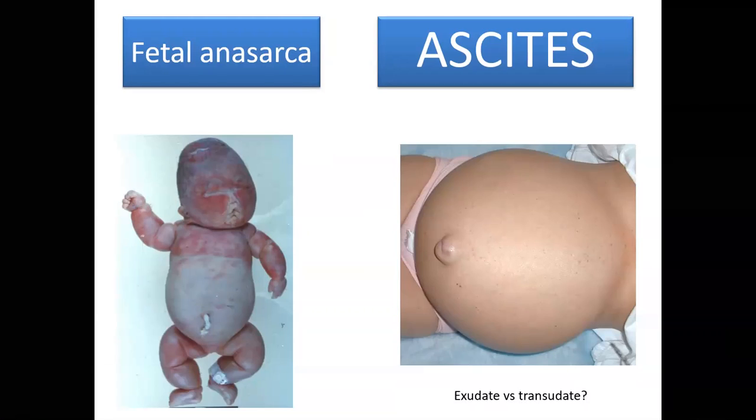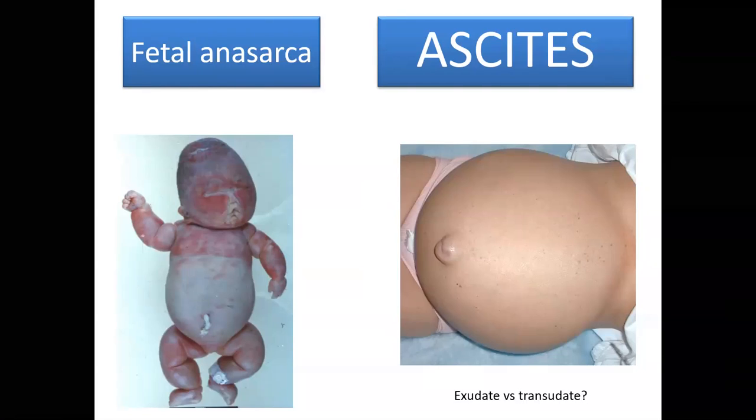When the fluid is escaping because of increased capillary permeability, the fluid will have increased protein and increased cells. Usually the proteins and the cells cannot escape, but if there is increased capillary permeability, the cells and the protein will all escape. And that will lead to an exudative appearance in the fluid. Do you get it?